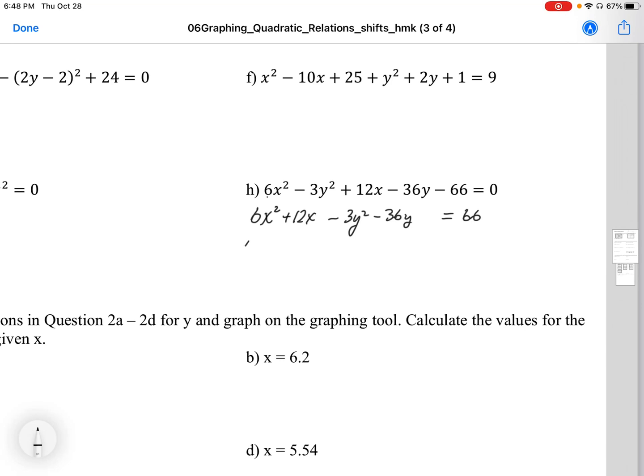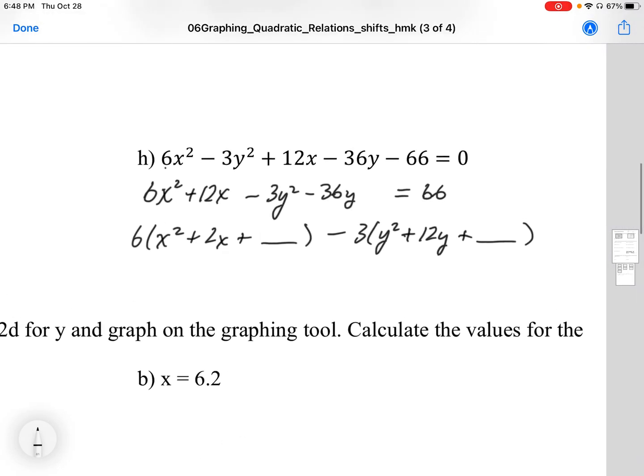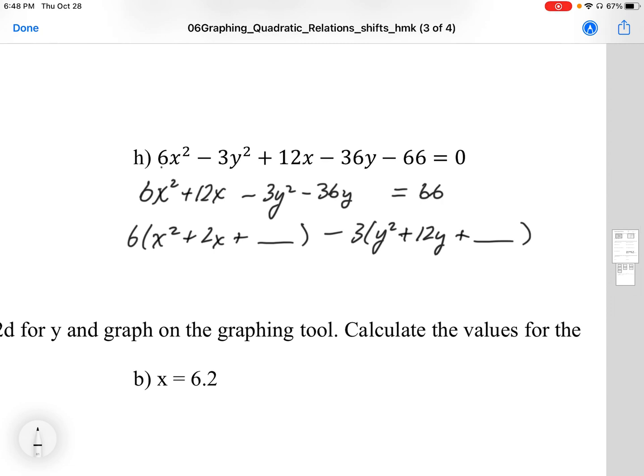So then we're going to complete the square, factor out. Now, just be careful of your negatives when you're factoring this out. So this is going to be equal to 66.